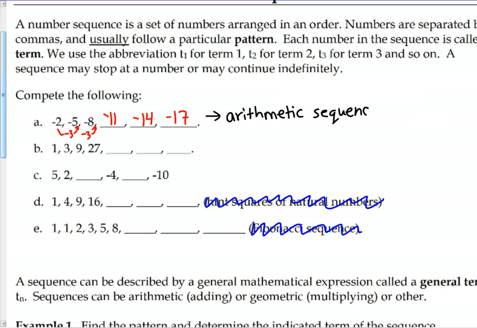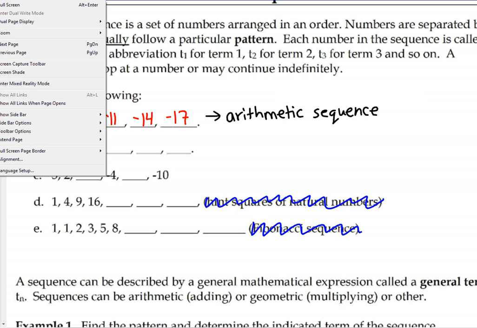So there's a whole bunch of terminology I just threw at you, and we're going to talk about them. How do we know something is an arithmetic sequence? Well, first off, let's talk about what a sequence is. I'm going to zoom out for a second.